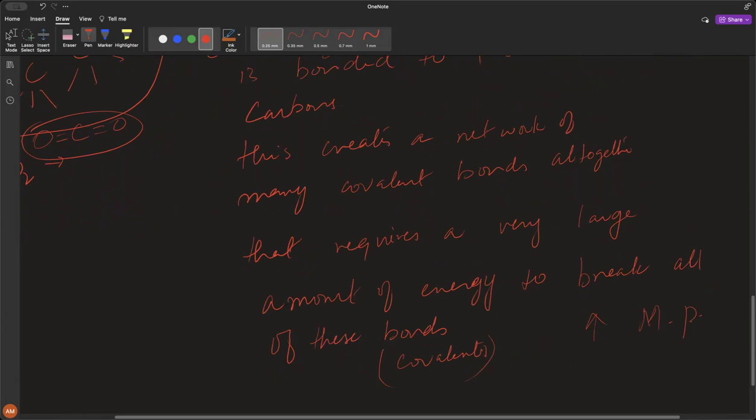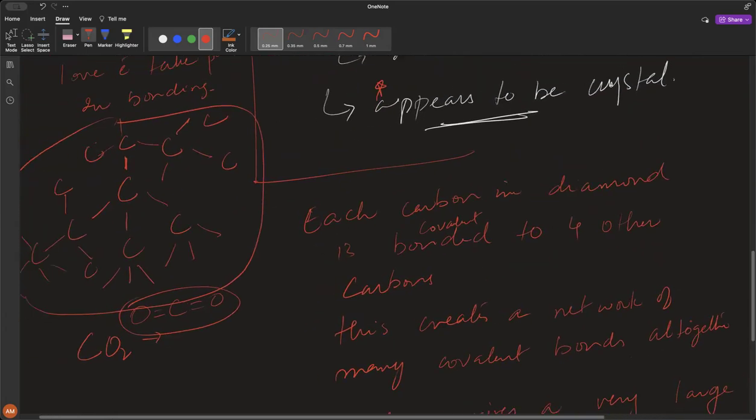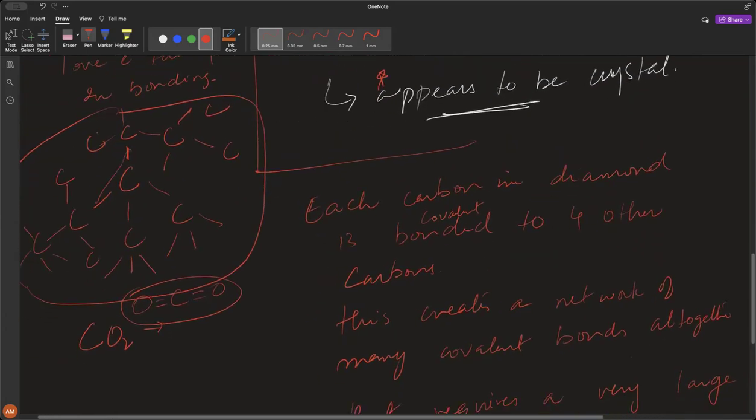Is this making sense to everyone? It keeps on making crystals like these, you know. Do you understand now, everyone?